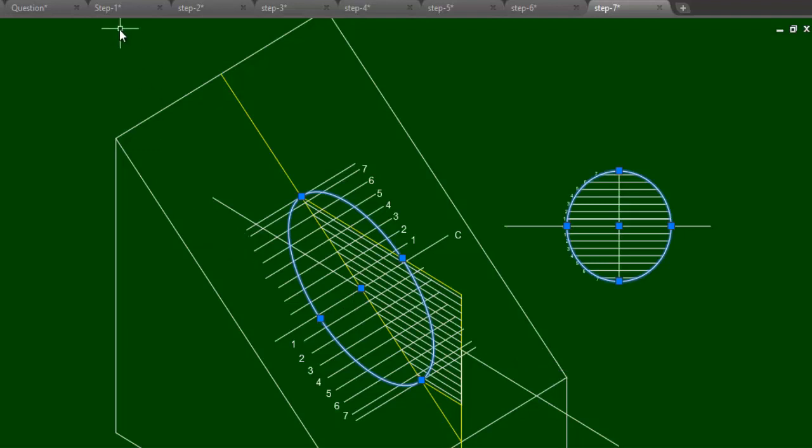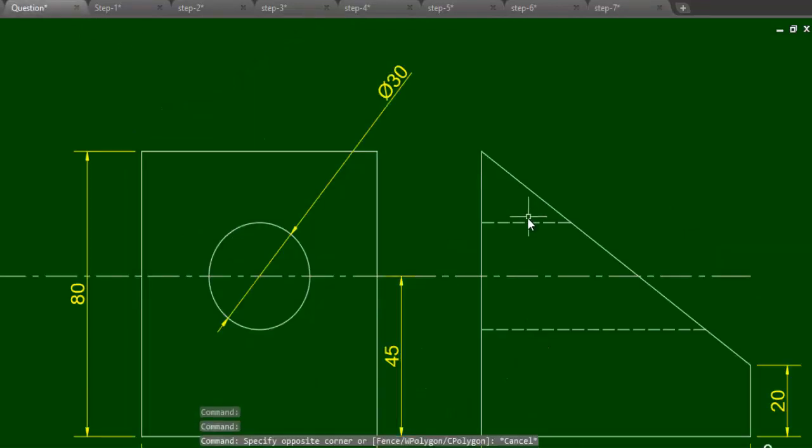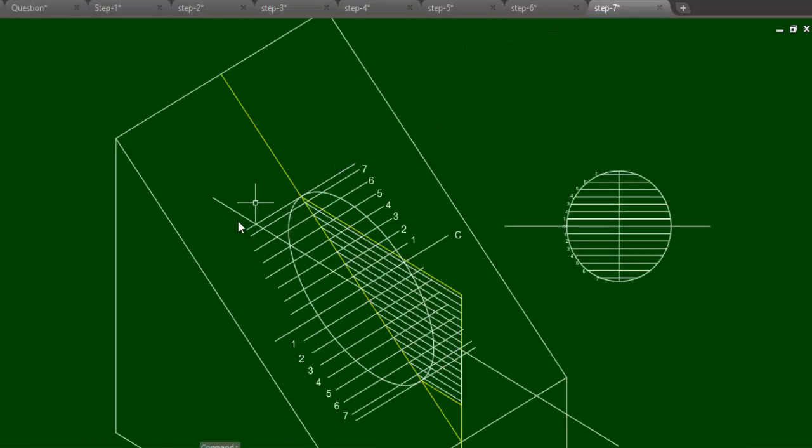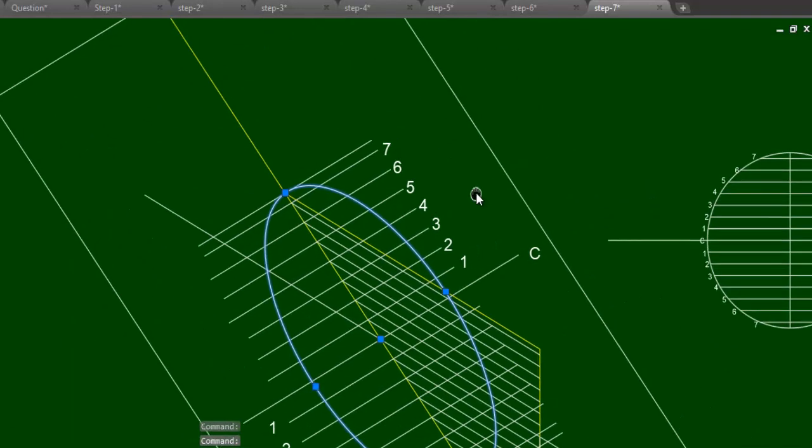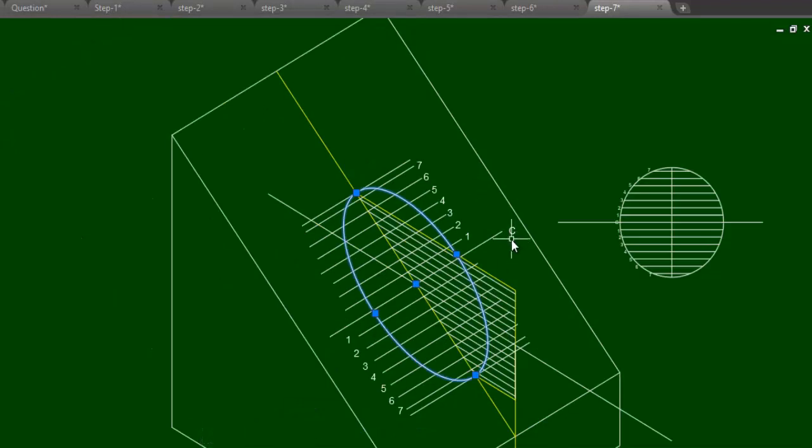Now this is a horizontal hole, you can see in the question. If it is a vertical hole, the final diagram of this circle will be the same, it will not be different, but the procedure is a little different. The concept is the same, but the procedure is a little different. So that we will see in the next video.